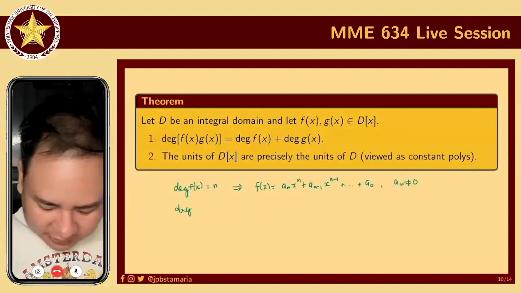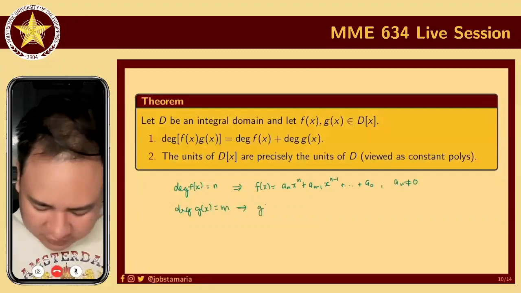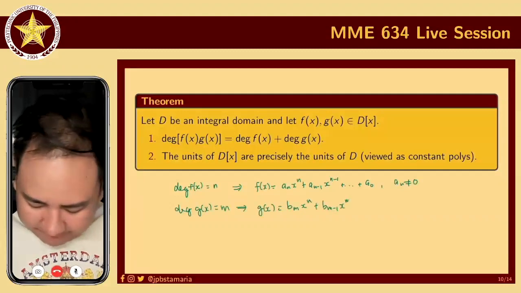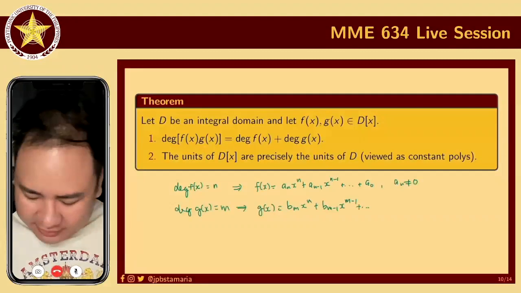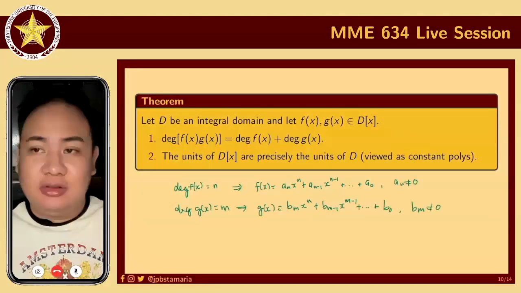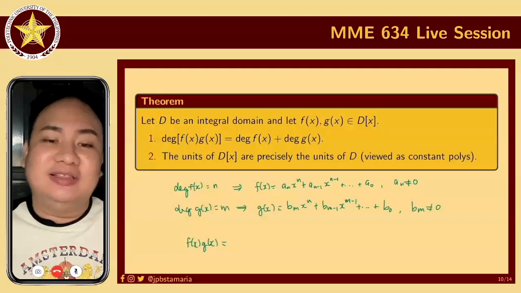Kunwari naman ang degree ng g ay m. So, ang g of x kunwari bm x^m plus ..., at bm is not 0. Pag kasi minultiply mo yan, based on your experience, ano yung pinakamataas na degree ng term na ito?